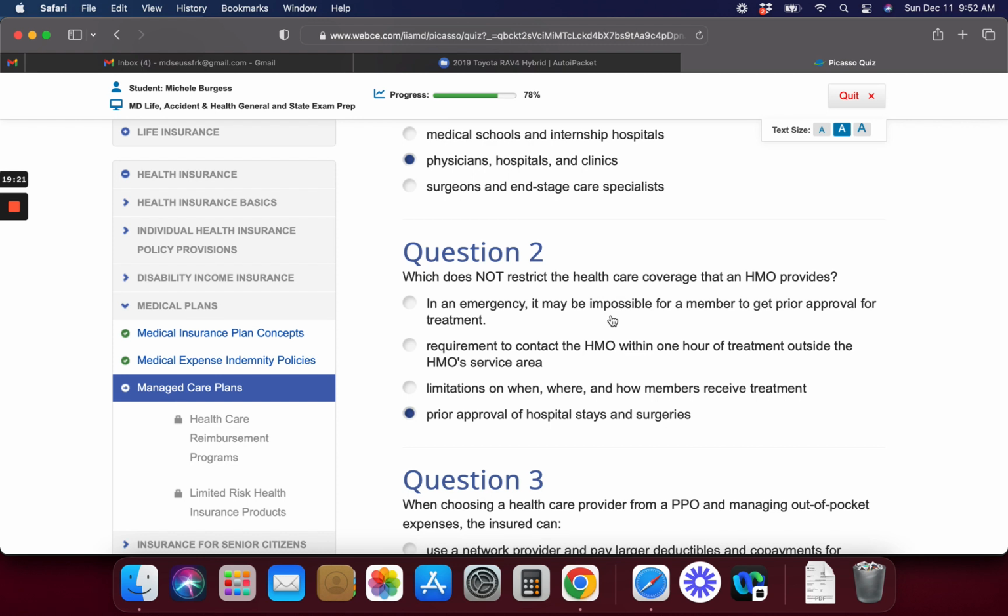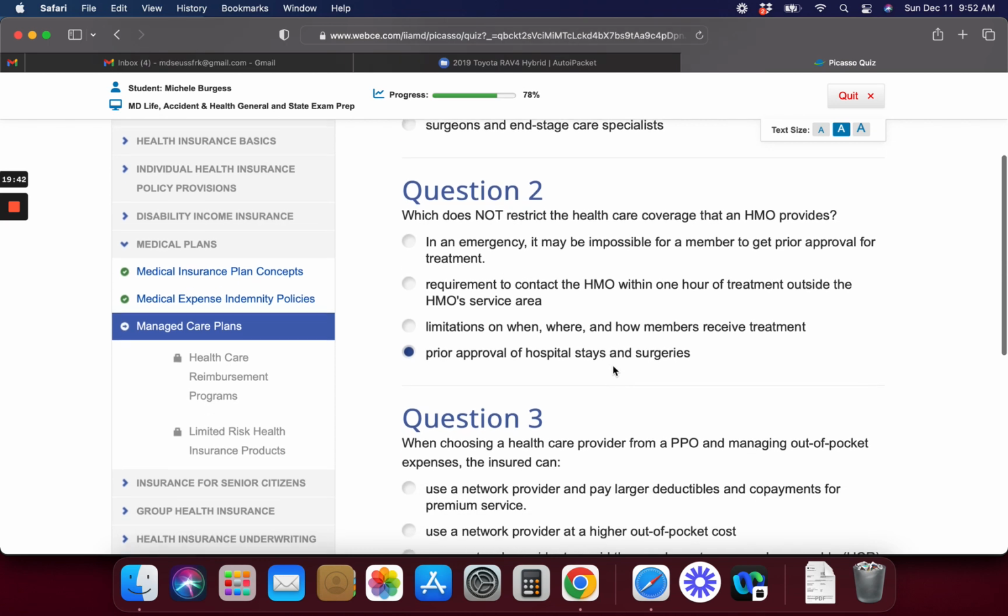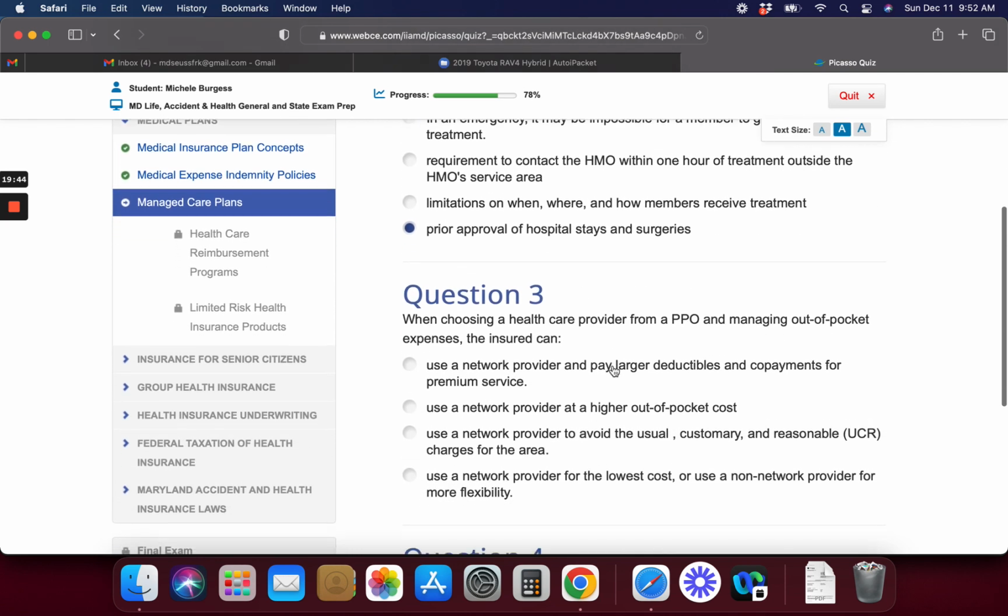In an emergency, it may be impossible for a member to get prior approval for a treatment. Requirement to contact the HMO within 1 hour of treatment outside the HMO's service area. Limitations on when, where, and how members receive treatment. Which one is correct? I picked prior approval of hospital stays and surgeries. Now, I don't know if that's correct. We'll find out in a few minutes.